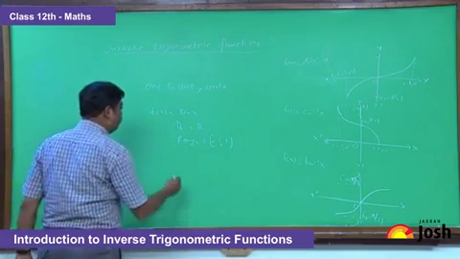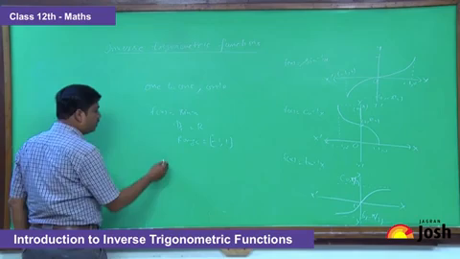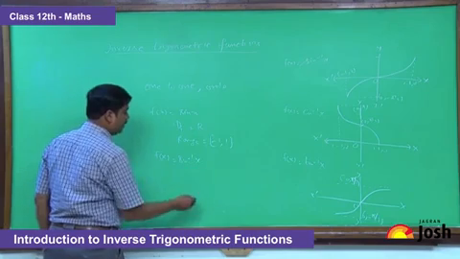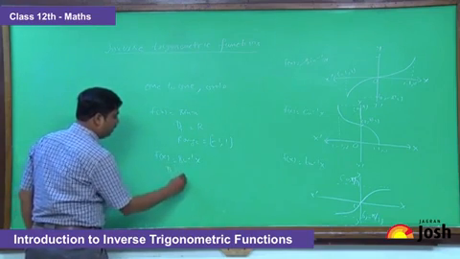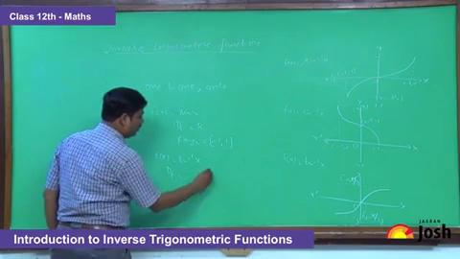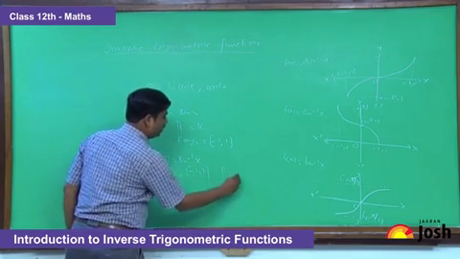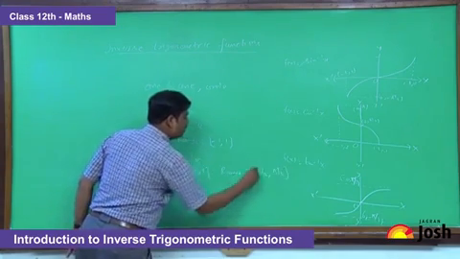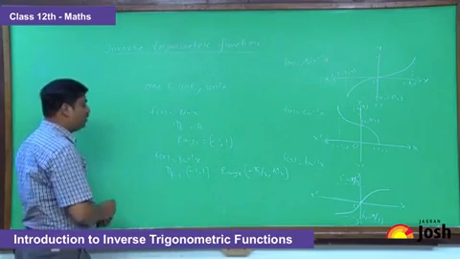Hence the domain and range of the inverse trigonometrical function f(x) = sin inverse x is given by domain -1 to 1 and range -π/2 to π/2. This is also called the principal value branch.